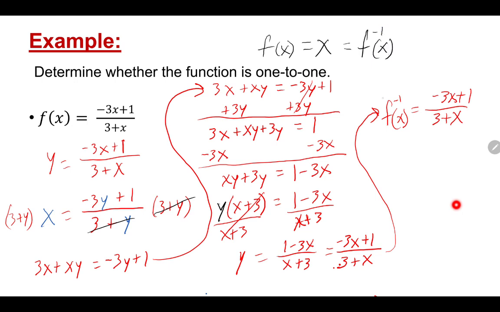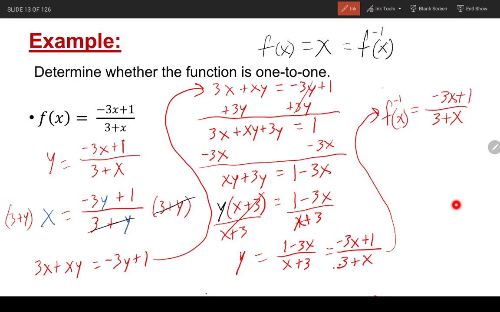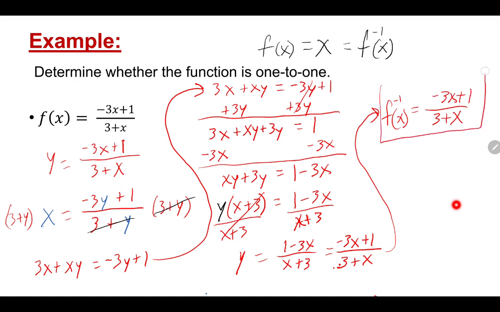So this is a function. Because we started with a function and we did our calculations correctly, this is our one-to-one inverse, and it is a function. So this one is a one-to-one.